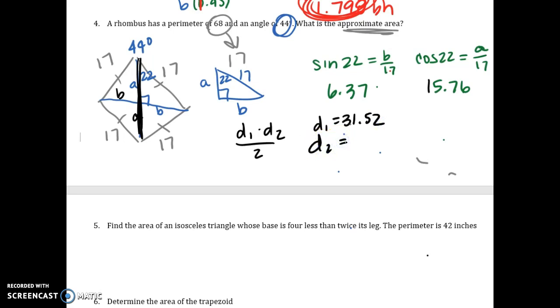Diagonal 2 is 6.37 times 2, which is 12.74. So if I multiply these two and then divide by 2, 31.52 times 12.74, and then divide that by 2, I get a little over 200, 200.78.